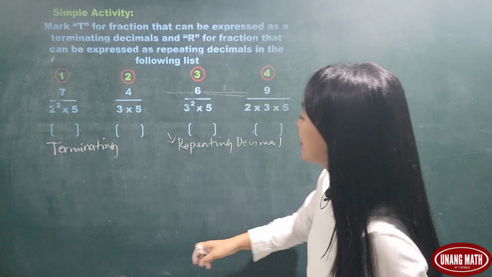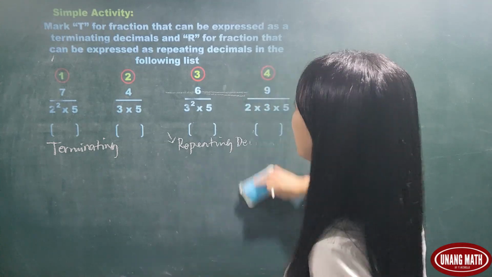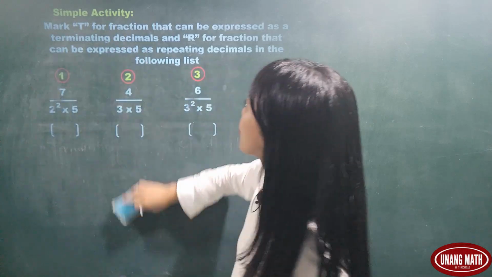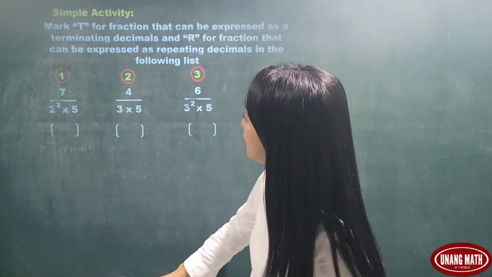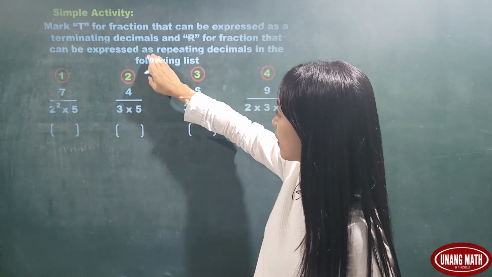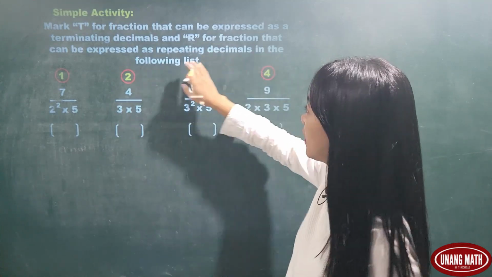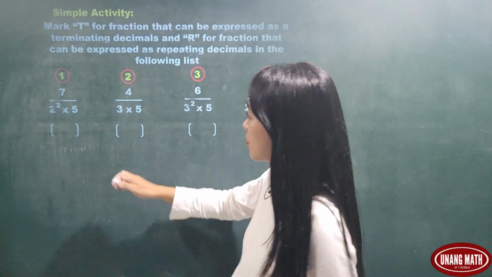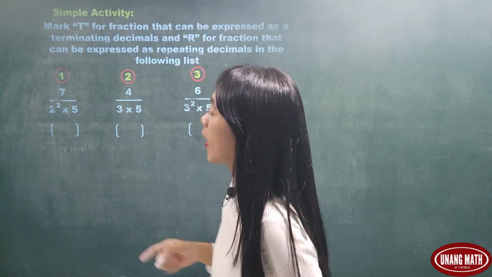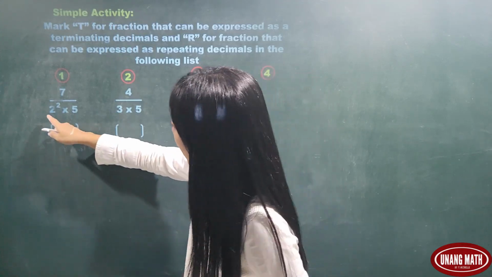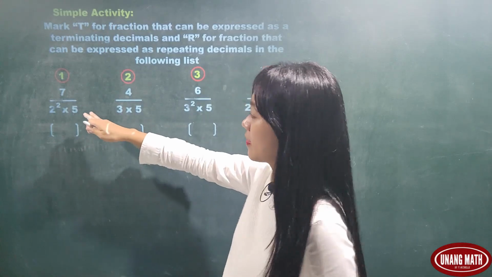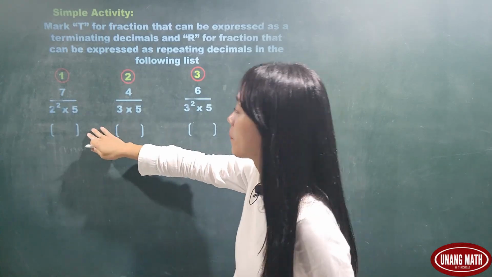Now let's answer this simple activity. Mark T for fractions that can be expressed as terminating decimals and R for fractions that can be expressed as repeating decimals in the following list. Let's check number 1, 7 over 2 squared times 5. Check whether this fraction is in its simplest form.